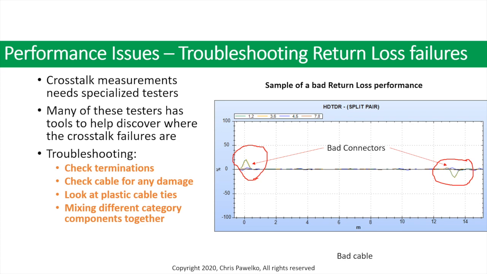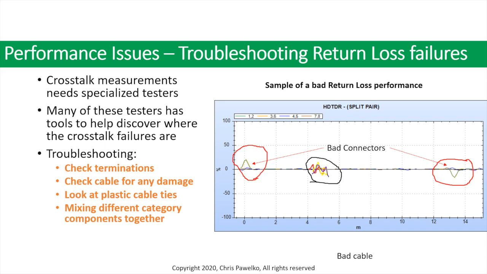You can also have return loss failures inside of a cable, and it would look something similar to this. If you see something similar to this, that is an indication that there is an impedance anomaly at that particular location.